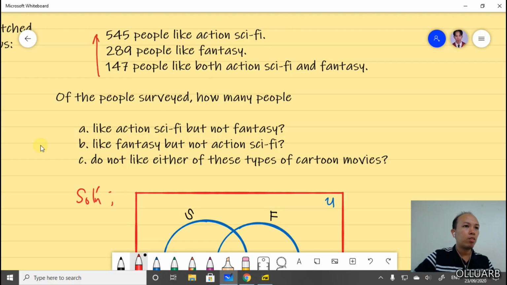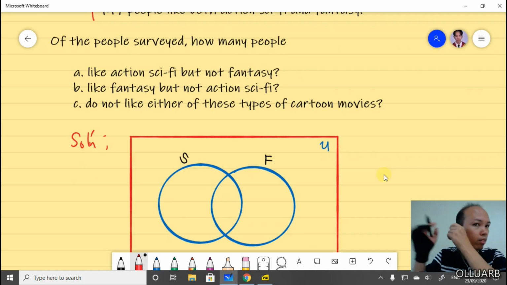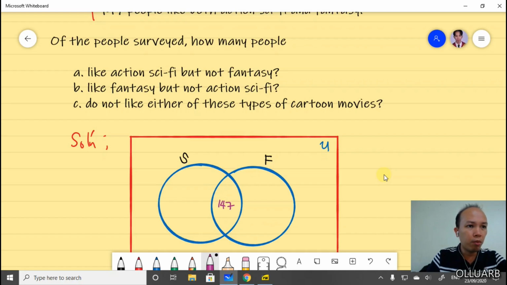So first we have 147 who like both action sci-fi and fantasy. So let's put 147 here.